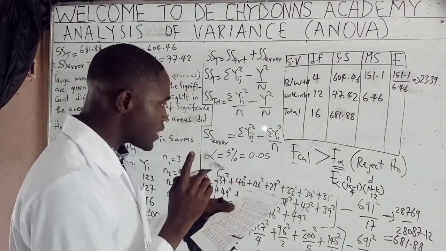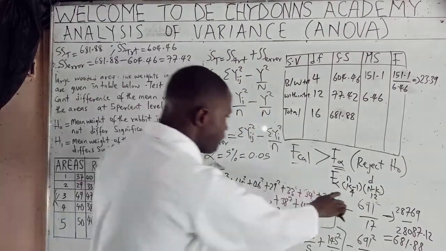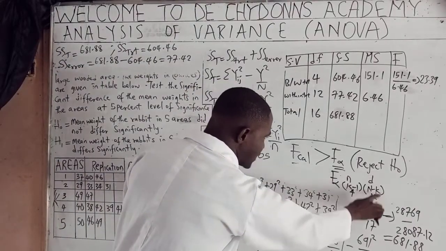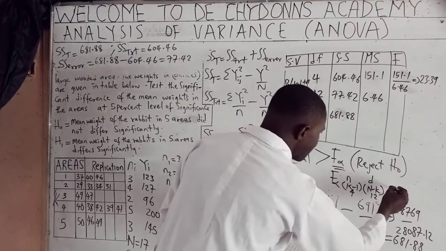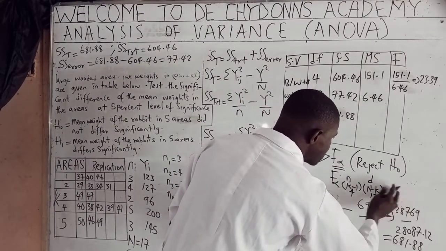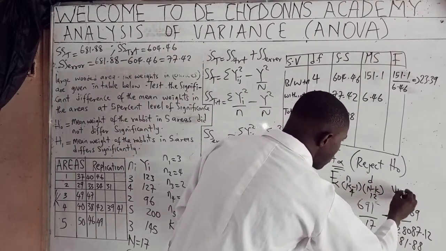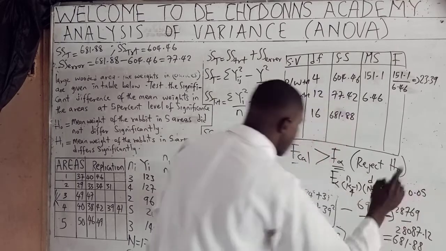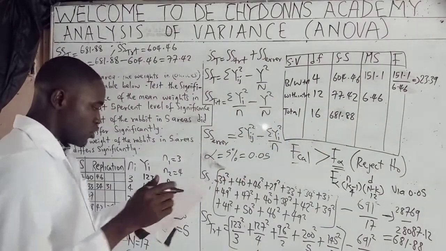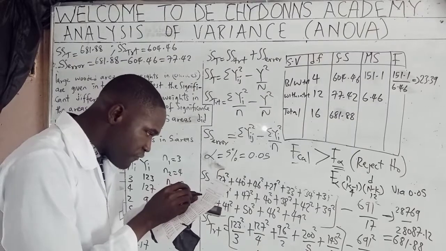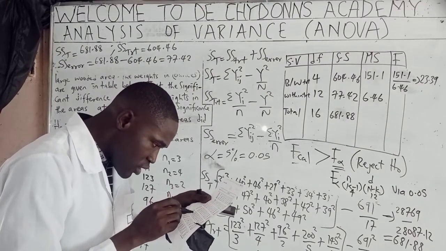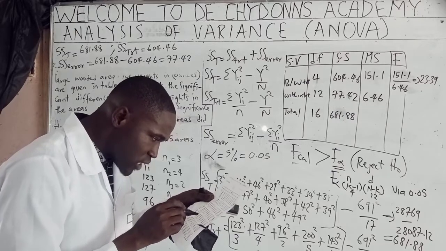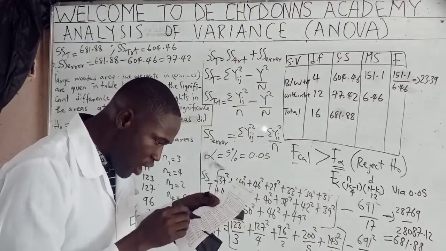So we now say, okay, taking 4 as the numerator against denominator 12 under 0.05, which is your alpha. You go to 0.05, under 0.05, you have 4 and under 12.